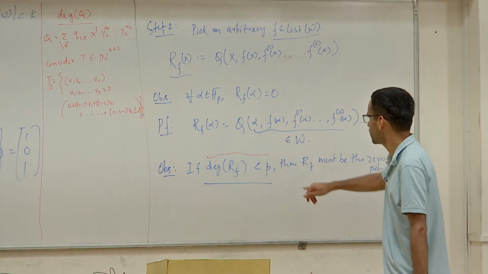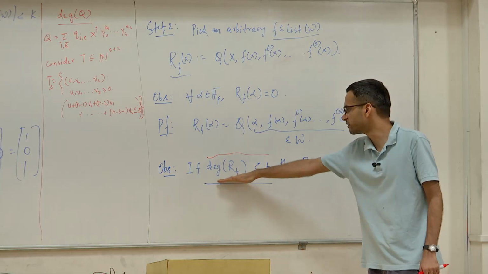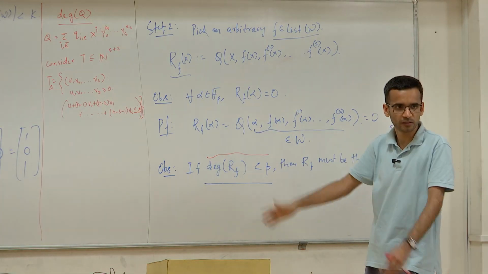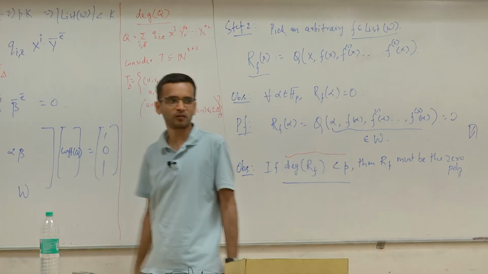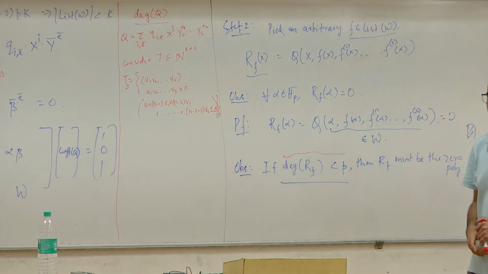The question was why are we trying to save anything here? For this observation, we need the degree of RF to be just less than p. So let's set delta to be p minus 1. It will give us more room to satisfy this constraint. But we will need the gap later in the third step.